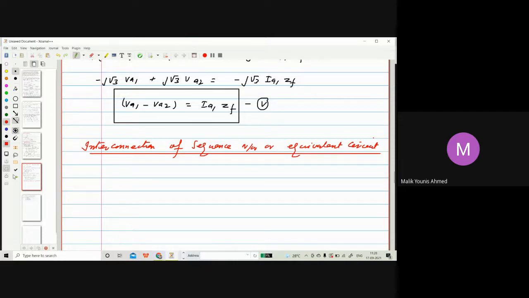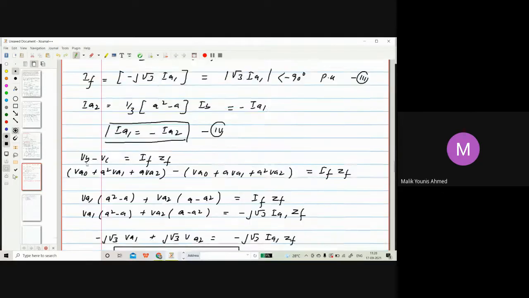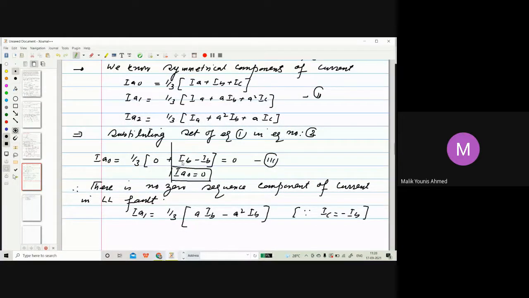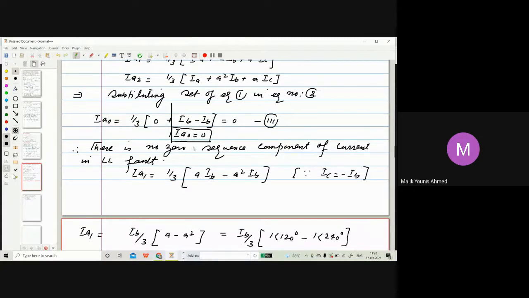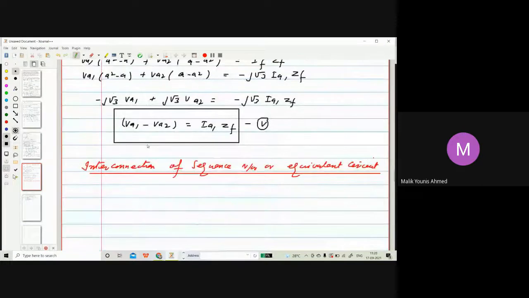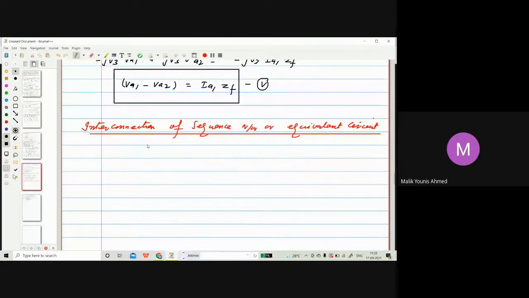Now have a look here. What we have, zero sequence current we don't have here. That is zero, we have seen that. When it is zero, that means zero sequence current will not flow.